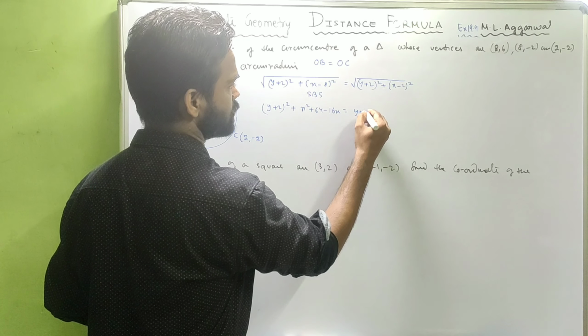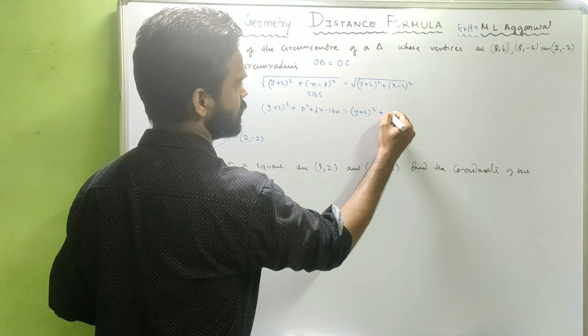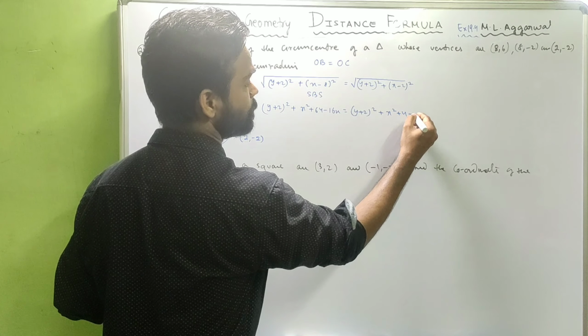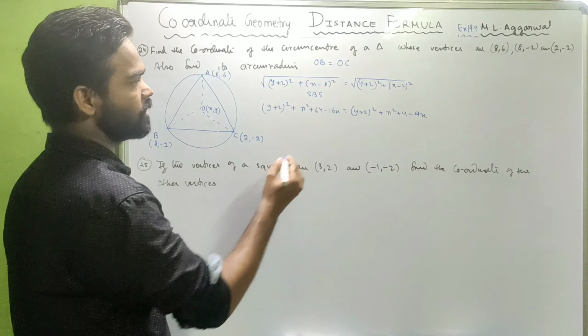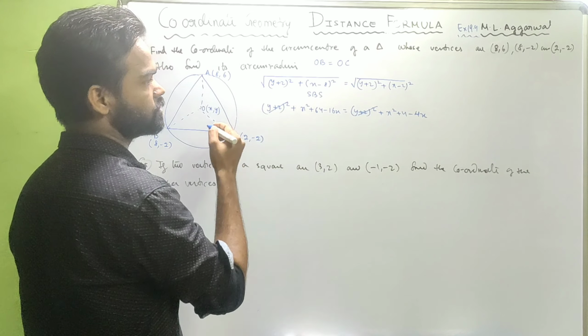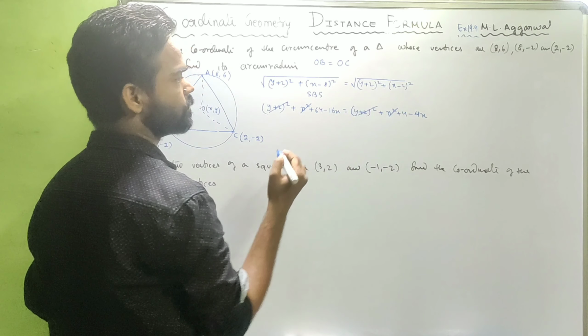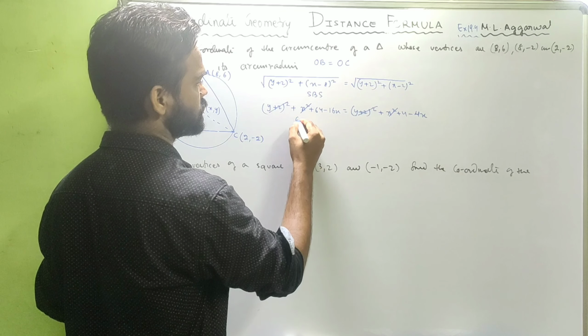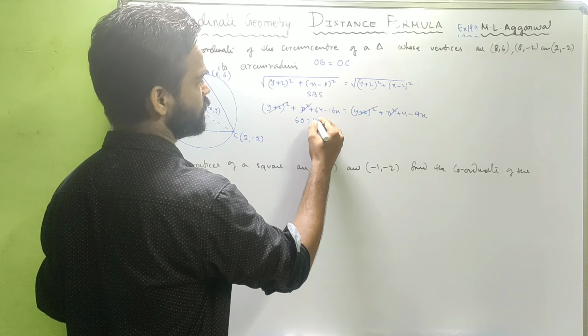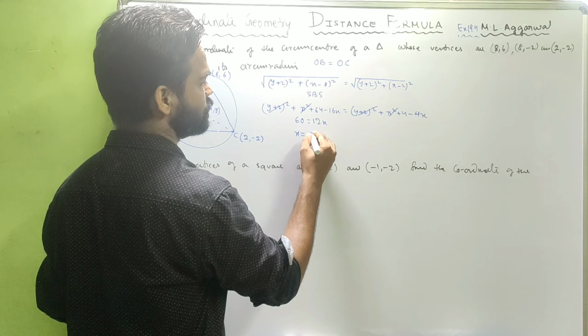This is (y plus 2) whole square plus this is a square plus b square minus 2ab. That's minus 4x. Am I clear? This portion, this, this. This is 64 minus 4. That's 60 equals 12x, which means x is 5.